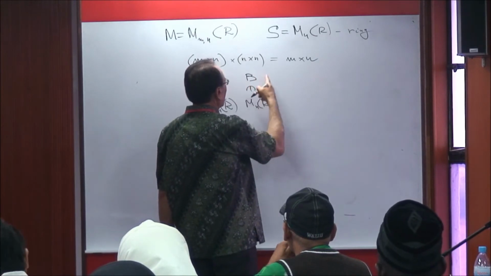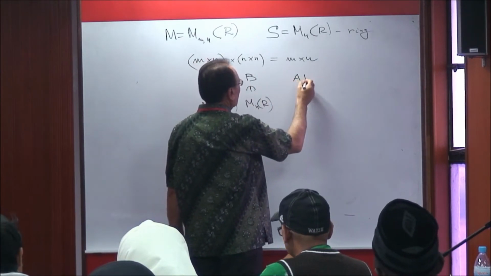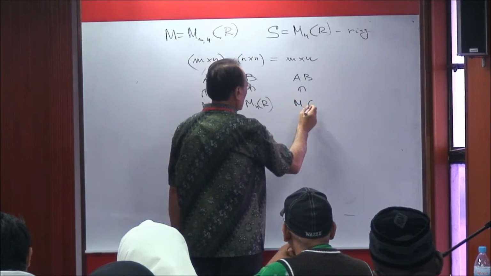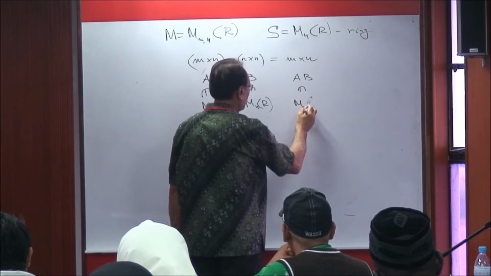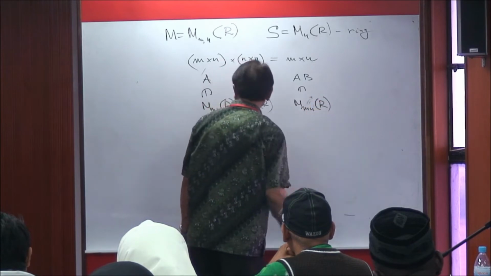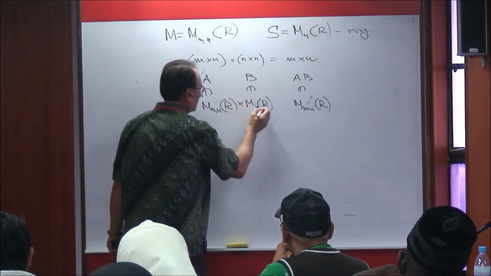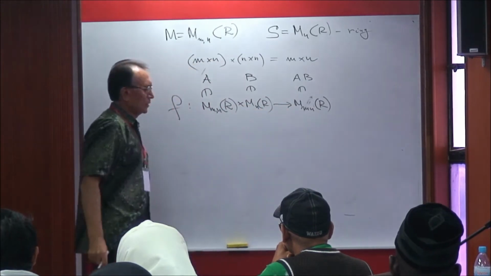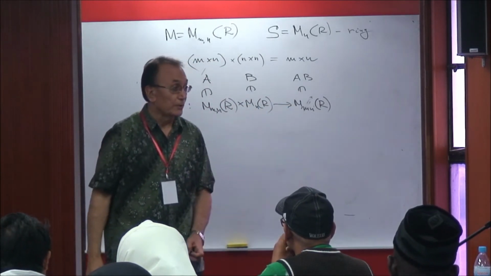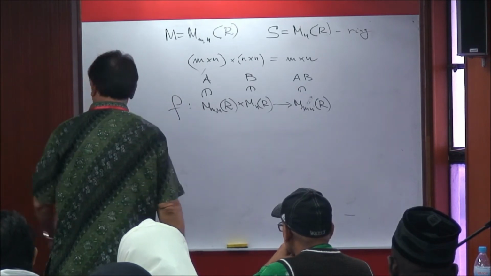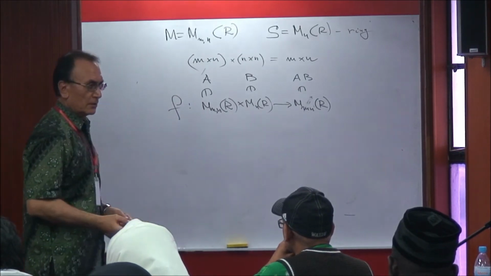I will multiply A times B. The result is in M_{m,n}. This is your function F. So we get a right module. Verification of the axioms is here.